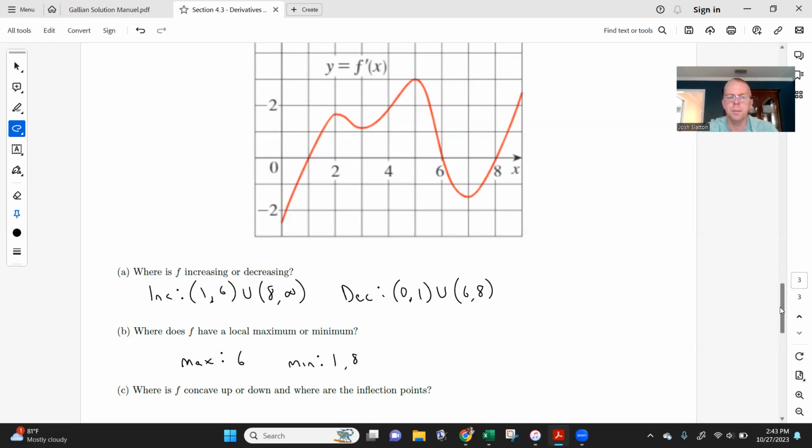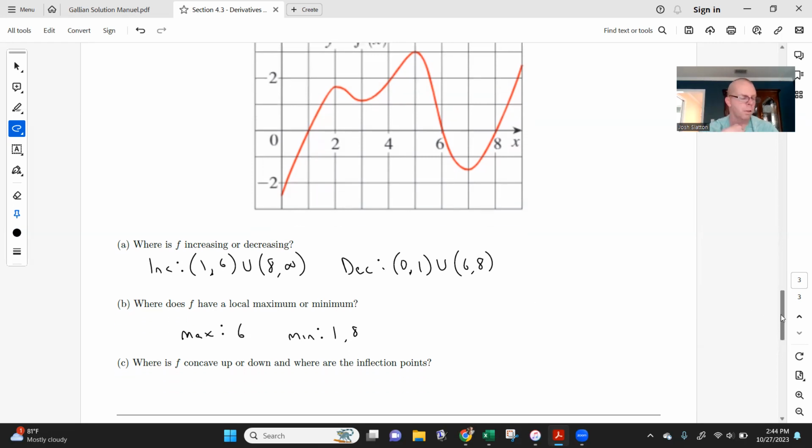All right. And then concave up, concave down. So this is where f prime is increasing or decreasing. So this one, we have it increasing from 0 to 2. So that would be concave up from 0 to 2.